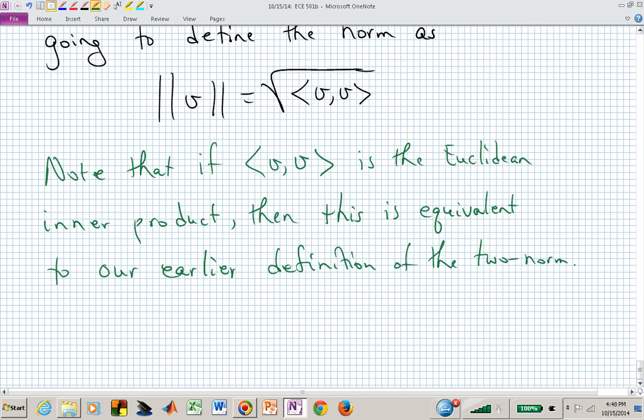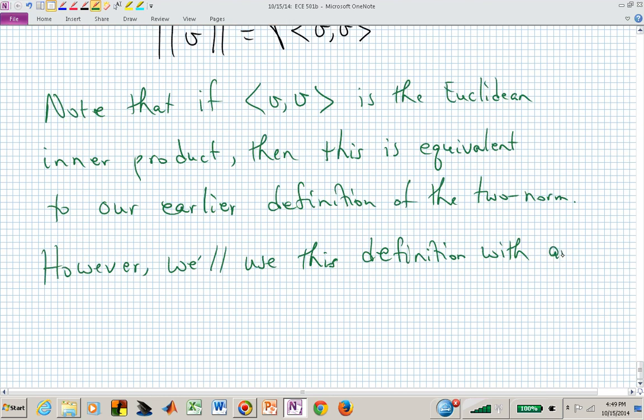But if we don't use the Euclidean inner product, then this norm can be pretty much anything. However, we'll use this definition, which means the norm is equal to the square root of the inner product of the vector with itself. We'll use this definition with any inner product.